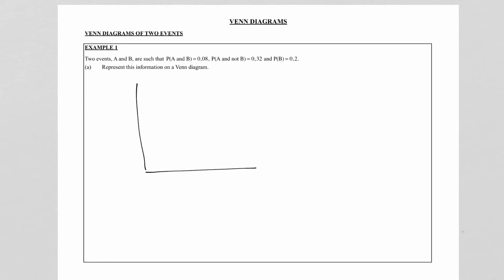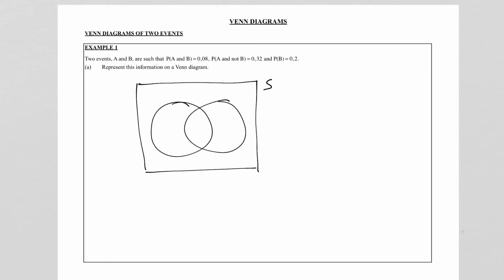So there are 2 events. That's my sample space. And that is event A, event B. And whenever we represent information on a Venn diagram, we always start with the and part.